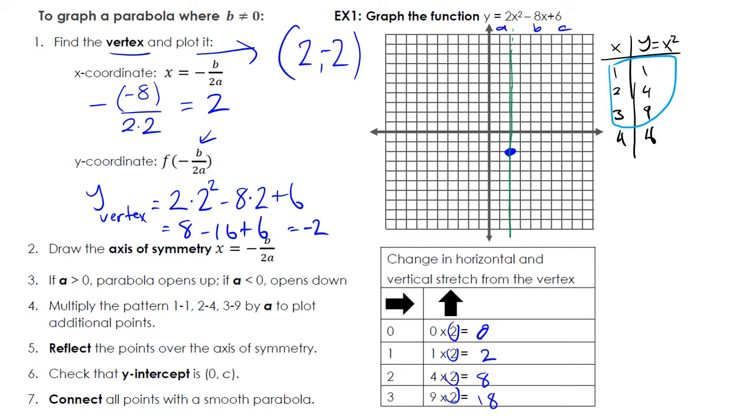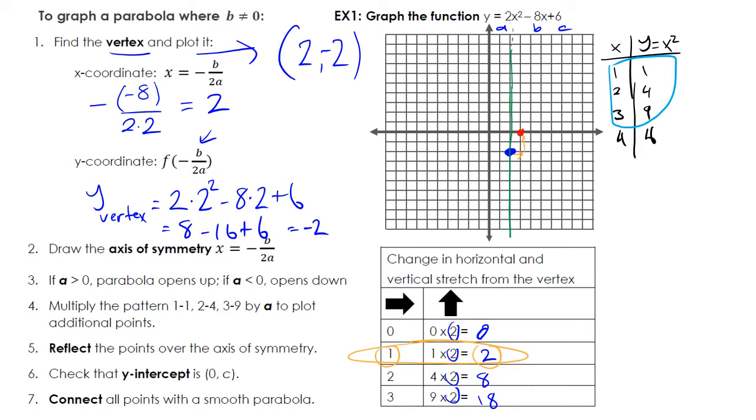Now, this pattern will help us to find the other points starting from the vertex. We must start from the vertex. Starting from the vertex, if I go 1 unit away on the x-axis, I should go 2 units up, because of this pattern right here where x is 1 and y is 2.